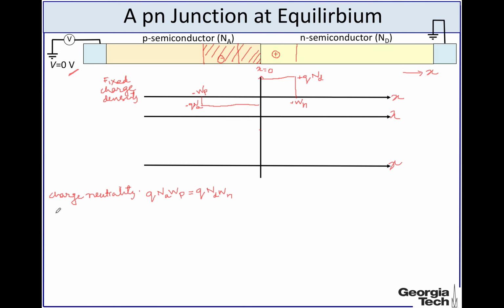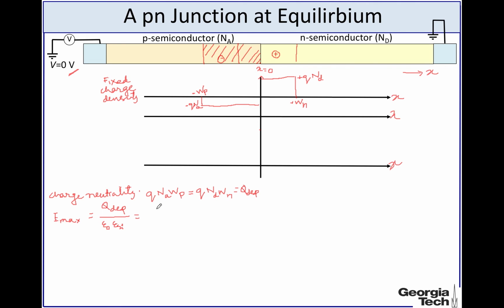So the maximum electric field is simply the depletion charge divided by the permittivity of vacuum multiplied by the relative permittivity of silicon. What is Q_dep? Q_dep is basically qN_A W_p equals qN_D W_n. This is the total amount of charge, the depletion charge.